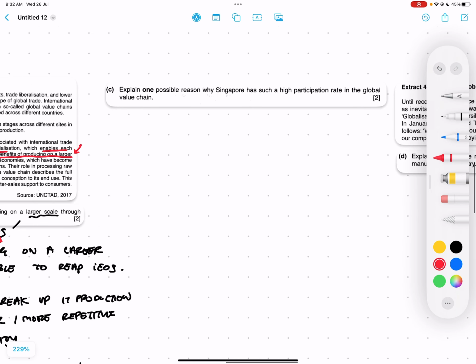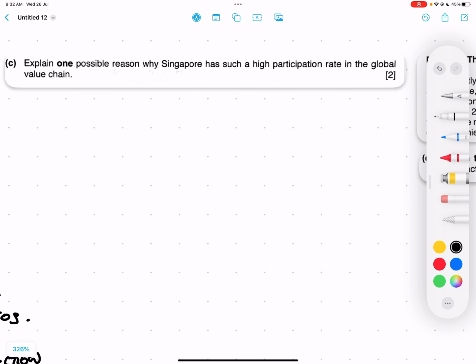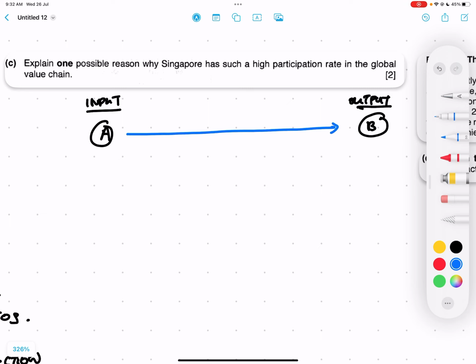C. Explain one possible reason why Singapore has such a high participation in the global value chain. What exactly is this global value chain? Let's say you have a factor input A, and your final product is B. Previously, one country would produce all the way from A to B. But if you participate in the global value chain, maybe you only specialize in parts of the production process.